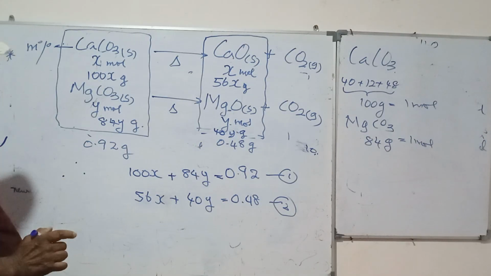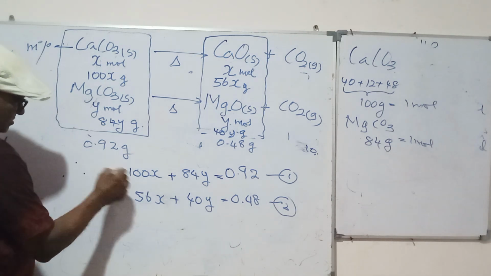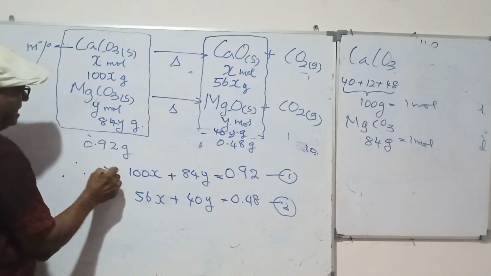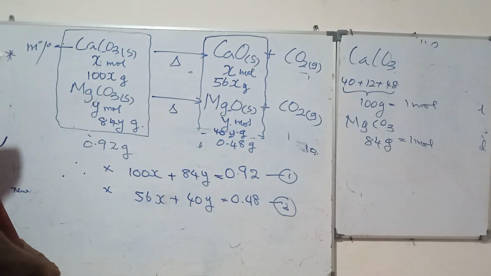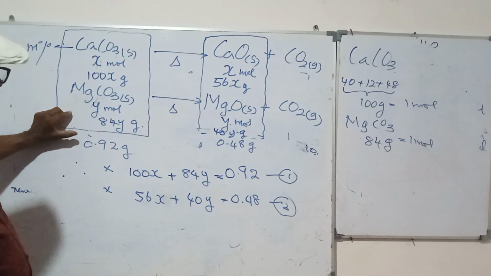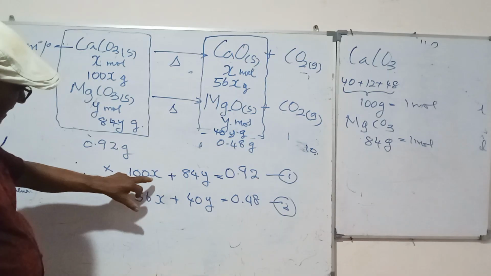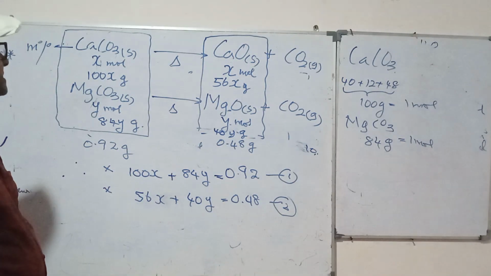Right? Then it is clear that now you have obtained two equations, two relations with the given data. Then you have to calculate X and Y. You have two equations.